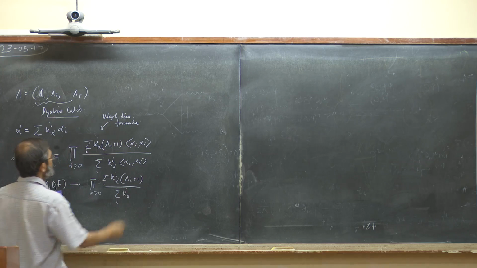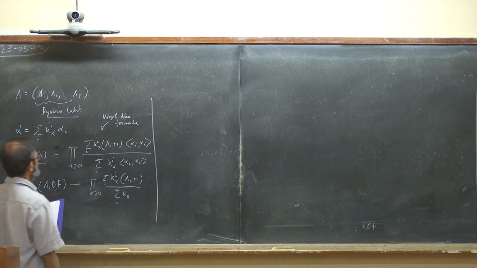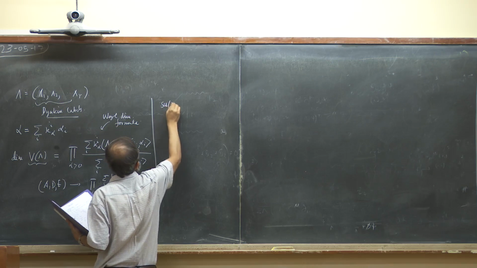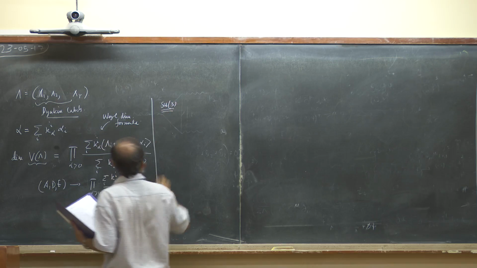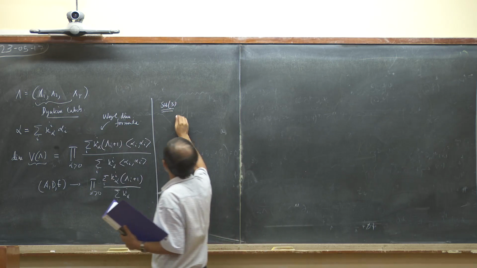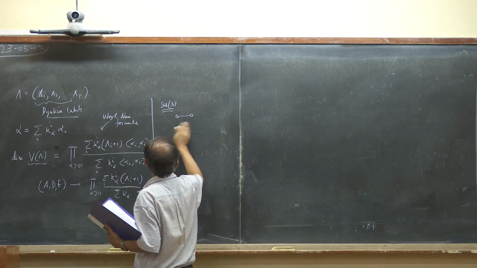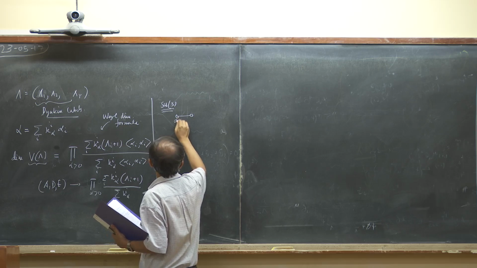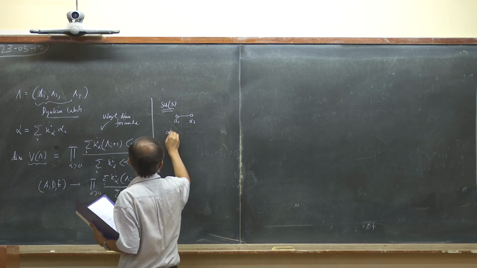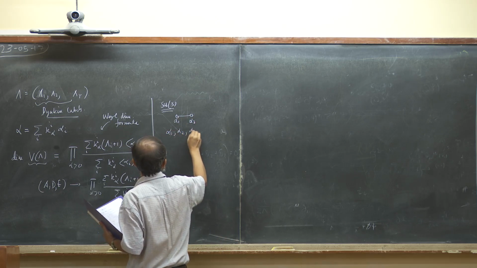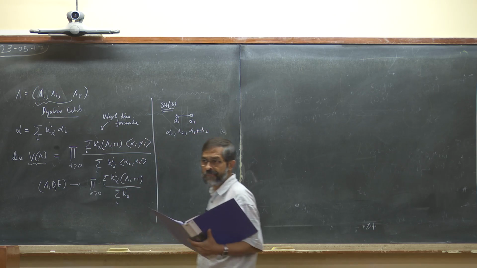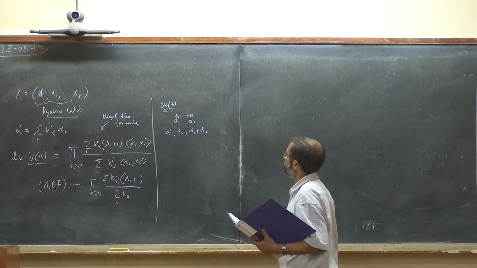Okay. So now let's check out for SU(3) what's the story. Remember that for SU(3) there were two roots, alpha 1 and alpha 2, and the positive roots were alpha 1, alpha 2 and alpha 1 plus alpha 2.